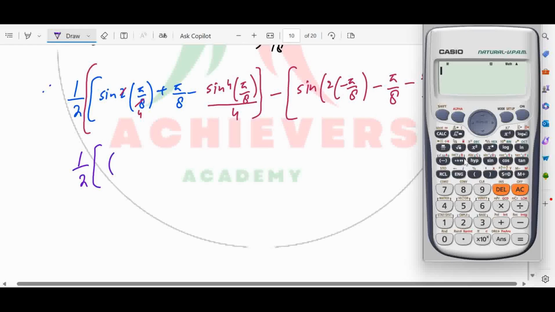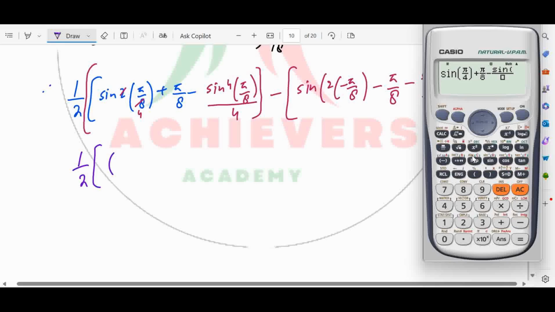Now sine of pi by 4 plus pi by 8, minus fraction sine of pi by 2.